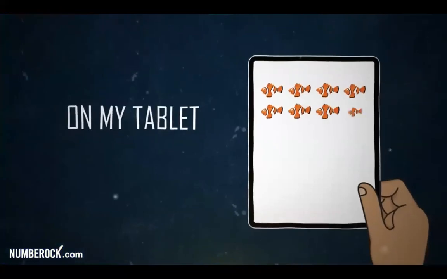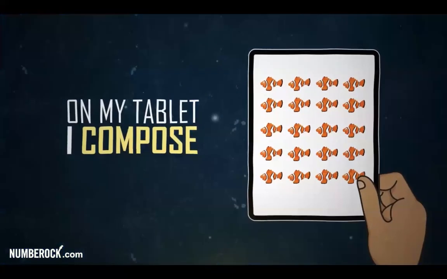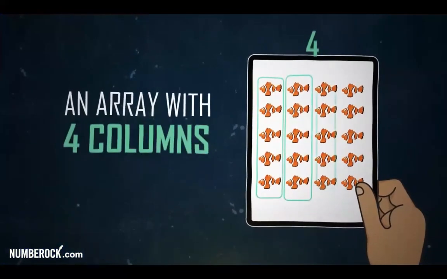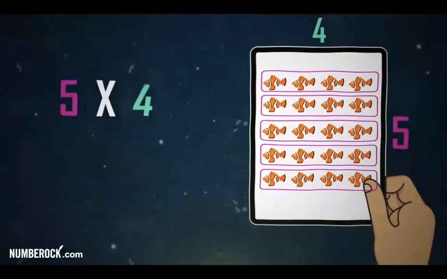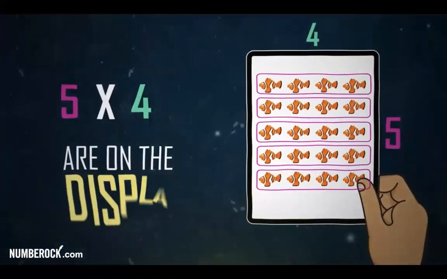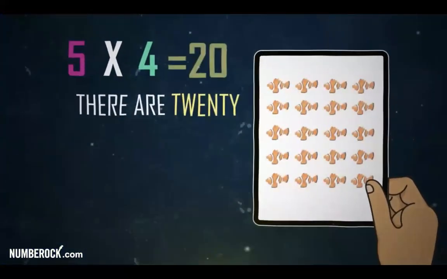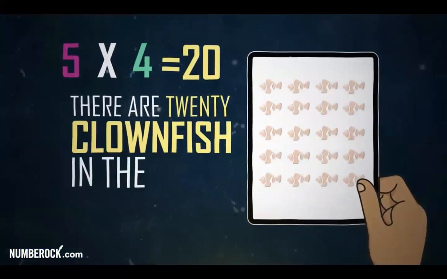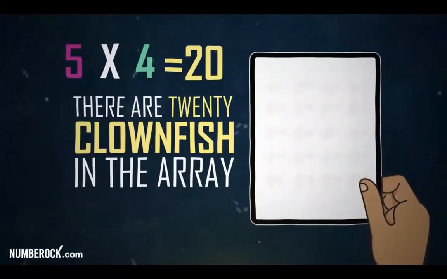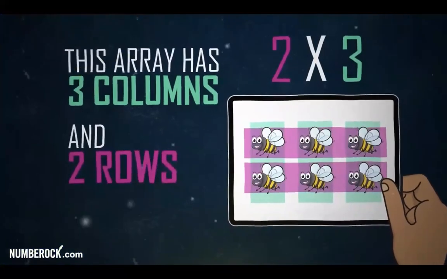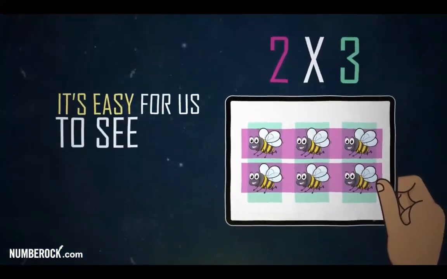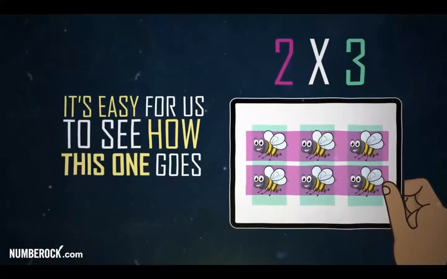On my tablet, I compose an array with 4 columns and 5 rows. 5 groups of 4 are on the display. There are 20 clownfish in the array. This array has 3 columns and 2 rows. It's easy for us to see how this one goes.